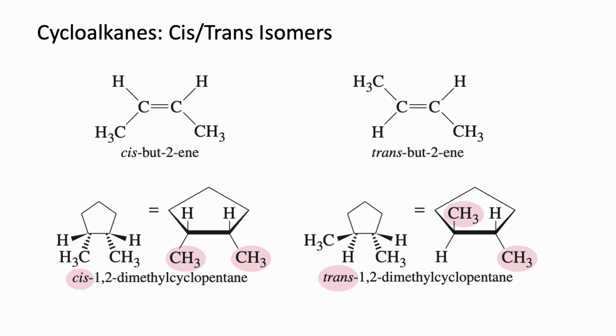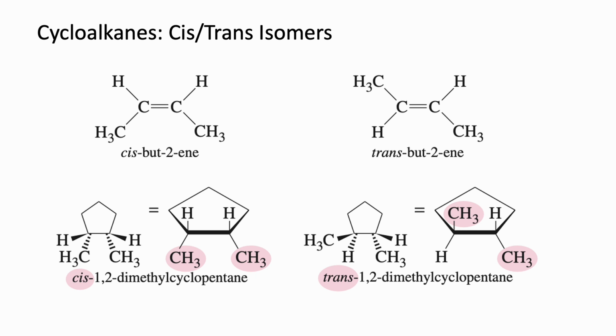The final thing that we have to be aware of when we're looking at the nomenclature of cycloalkanes and how it differs from linear alkanes is that in linear alkanes, we've looked at a situation like this. Remember, in class I showed 2 chlorines on the same side of the molecule, and then the bond rotates and the 2 chlorines are on opposite sides of the molecule.